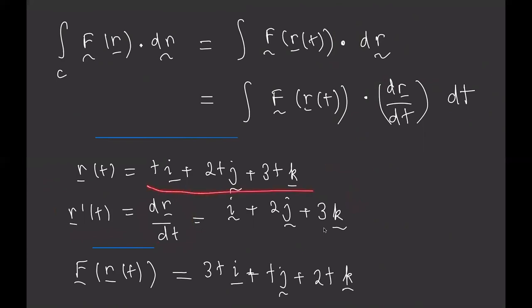It's a derivative of a vector with respect to t, but it doesn't really matter because these unit vectors are actually constants. They're not functions of t. So if I differentiate t times i with respect to t, I just get this constant vector. I differentiate this with respect to t, I get 2j. Differentiate that with respect to t, I get 3k. So dr by dt is itself a vector, which is fine. It's not a big deal.